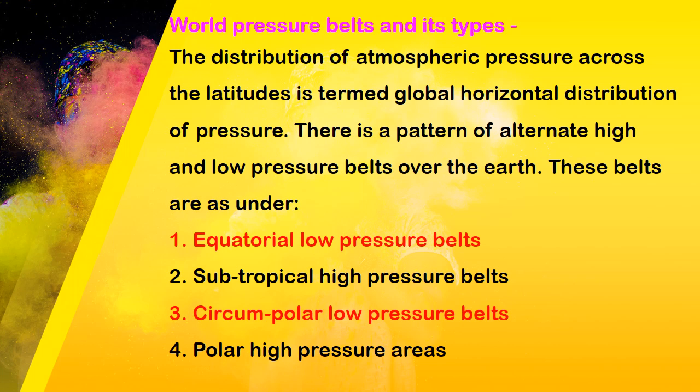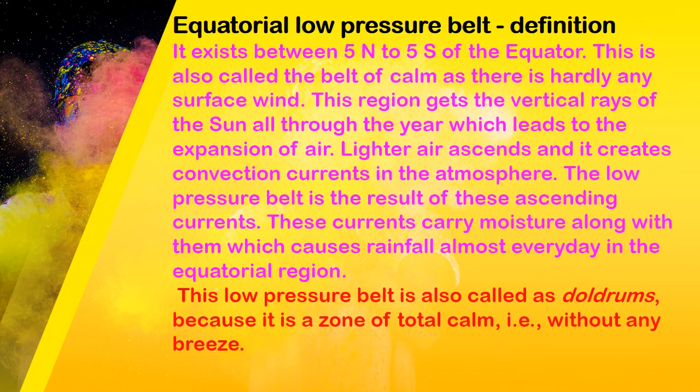These belts are, as we discussed: equatorial low pressure belts, subtropical high pressure belts, circumpolar low pressure belts, and polar high pressure areas. Let's look one by one at how they are formed, what their extent is, and the reason behind their formation.